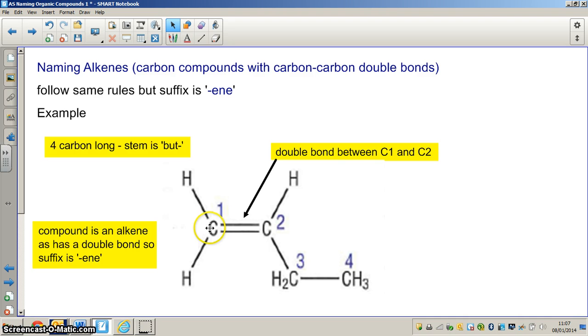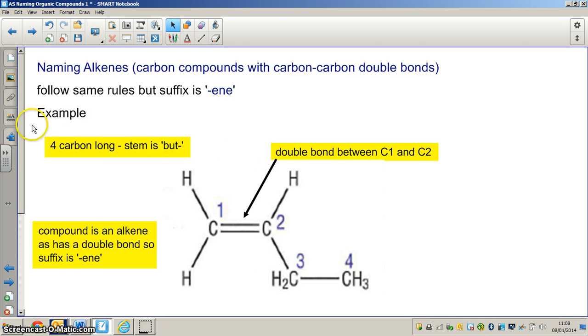But the position of the double bond is important, and we have to be able to illustrate that in our answer. So if we look at where this double bond is, it's actually between carbon 1 and carbon 2. So we know we've got a stem of but, and we know we've got a suffix of -ene. There isn't any other substitution in this molecule, or hydrogen bonded to carbons, so we don't have a prefix. But what we have to do is note where that double bond is, because the double bond could actually be there.